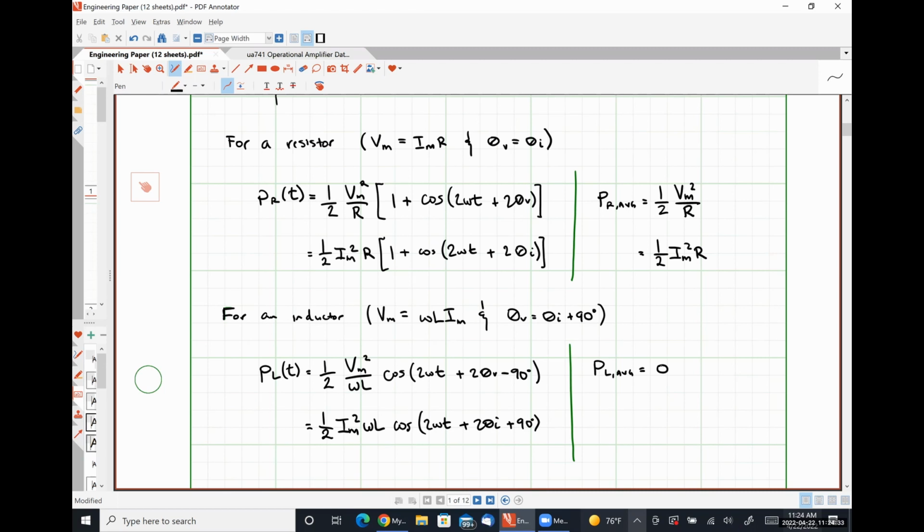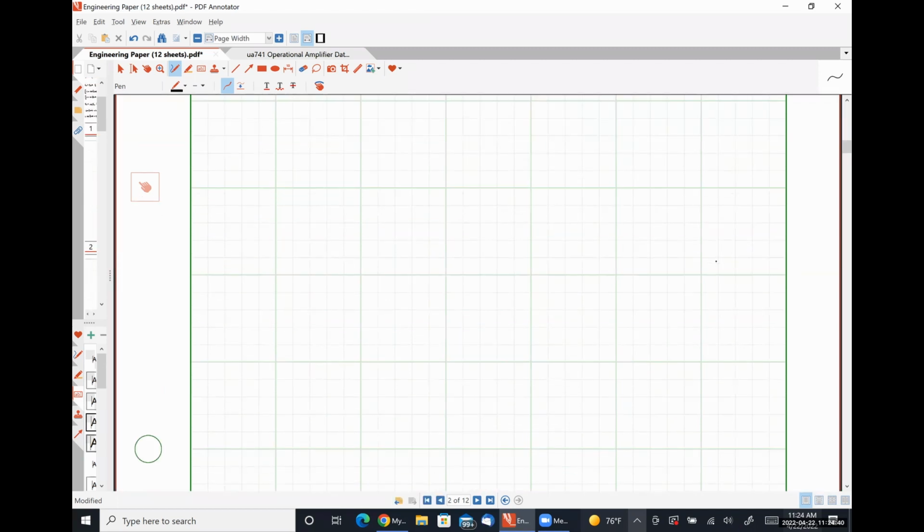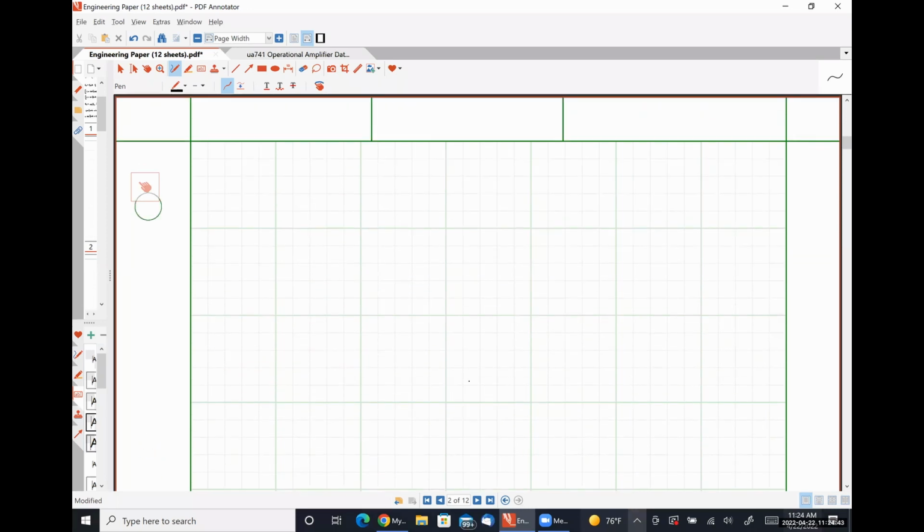So finally, we're going to look at what happens for a capacitor. So for a capacitor, we know that the magnitude of the voltage Vm is Im divided by omega C. And we know that theta I is equal to theta V plus 90 degrees from our previous discussion.